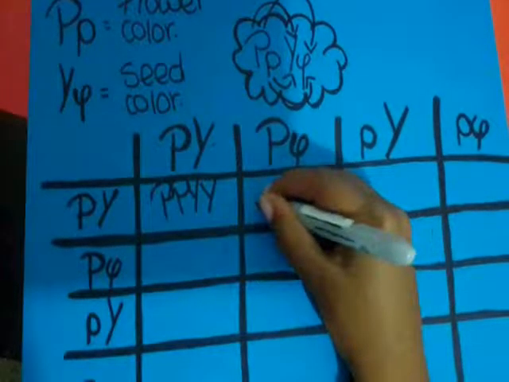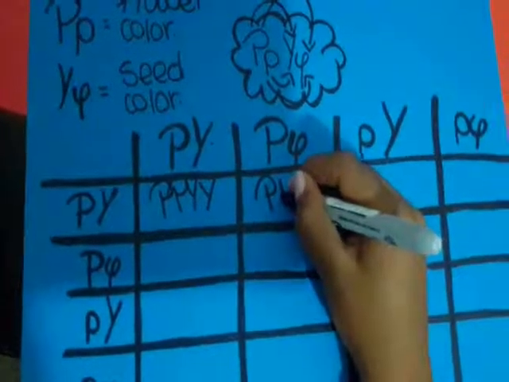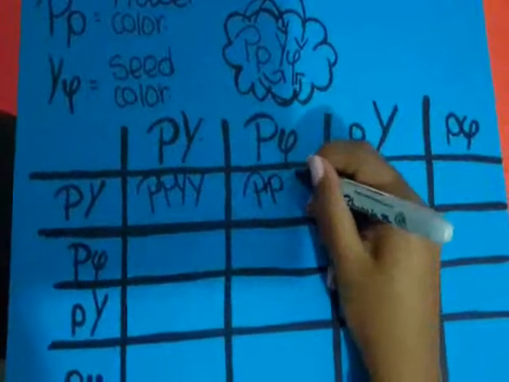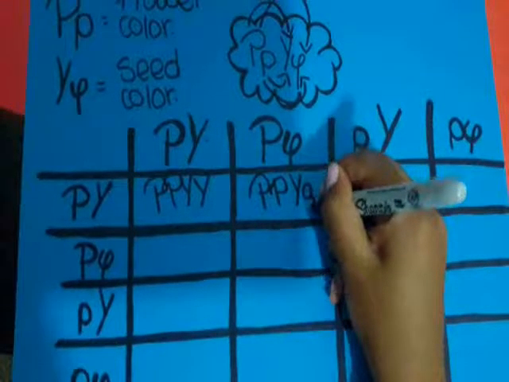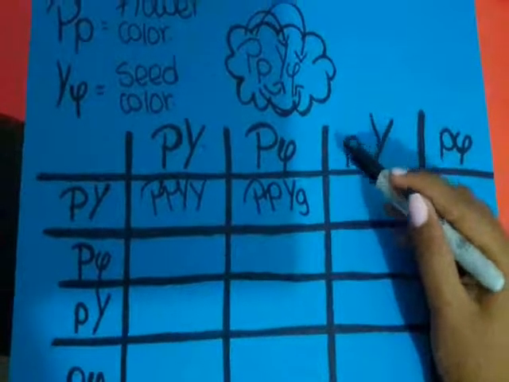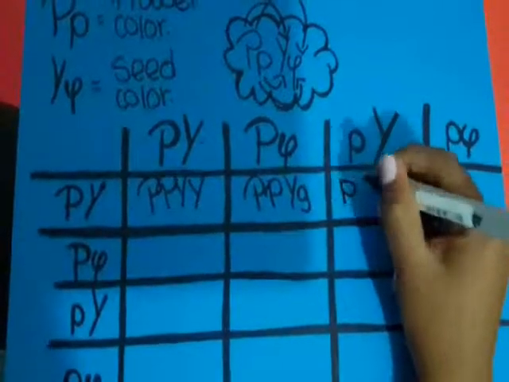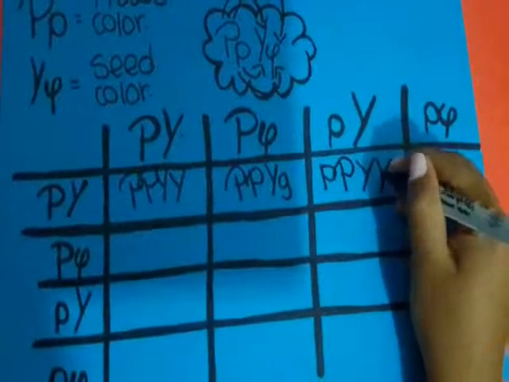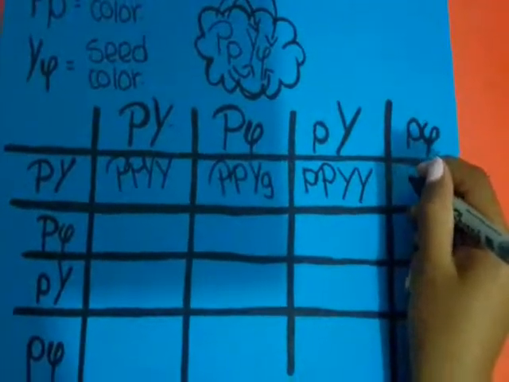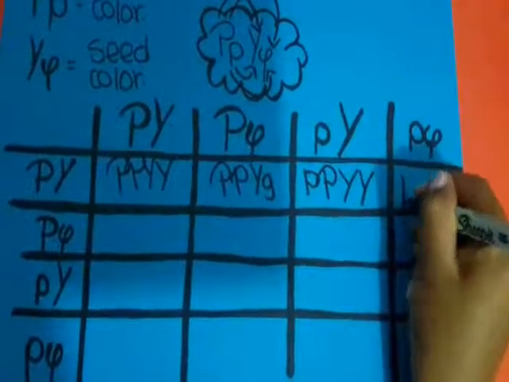So you only have to observe what you have up and at the side and put it. So here up we have lower p and at the side we have capital P. So capital P, lower p. And then you have capital Y, capital Y. Here we have lower p, capital P. Remember you have to put the capital first.